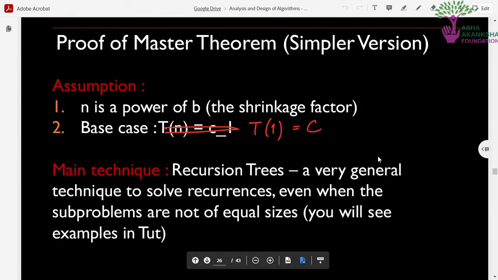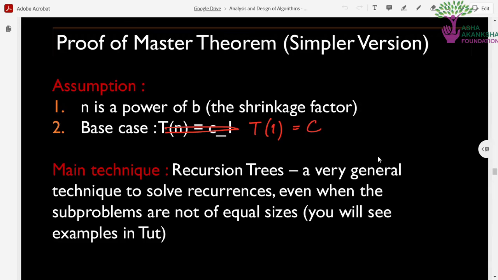Now, what is the main technique that we are following here? It is simply recursion trees. I would like you to know some basics about trees before coming to this video. If not, please look at it right now. It will be very helpful in your understanding. It is a very general technique to solve recurrences.